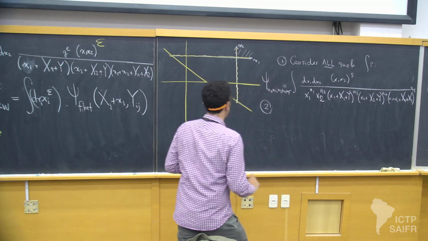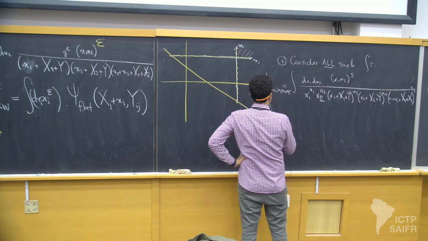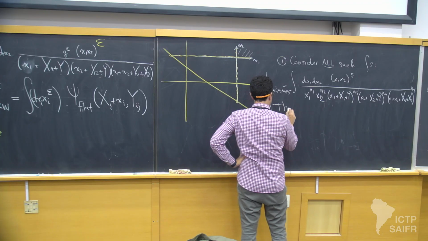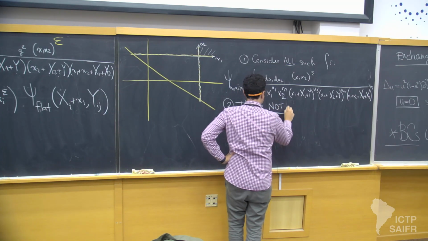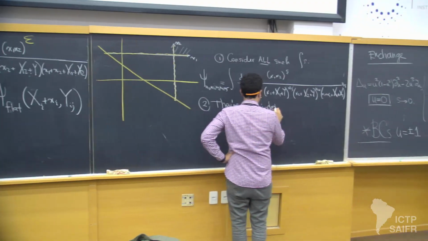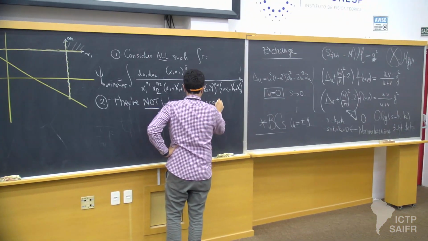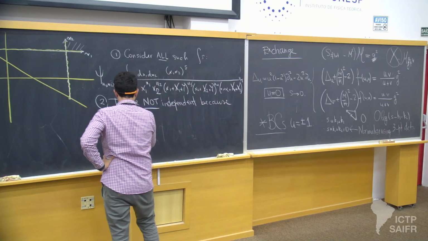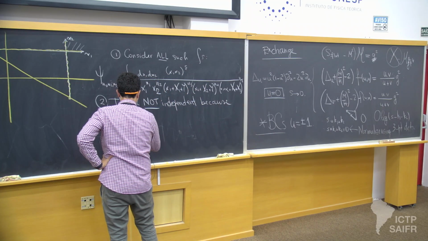But these people are smart. So then the point is that they are not independent, because of integration by parts and partial fractions.